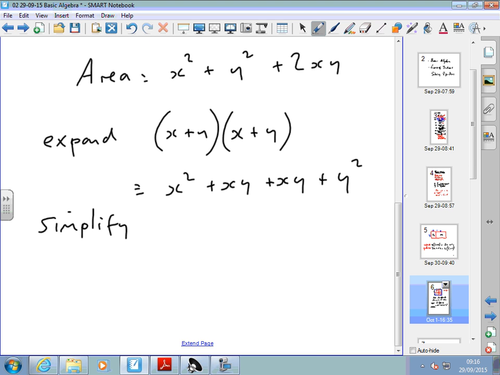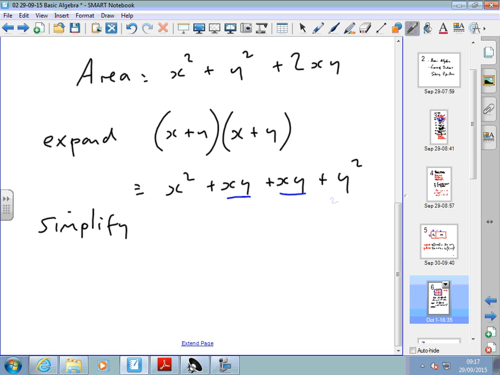I look for terms that are the same and combine them. X squared, there's only one term involving x squared. There's an x in there, but it's got to be exactly the same before I can add them. So I'm looking for other terms that are x squared. This is one lot of x squared. So if I happen to have two lots of x squared, I could add those together to get 3x squared, but there aren't any others. So it's just x squared.